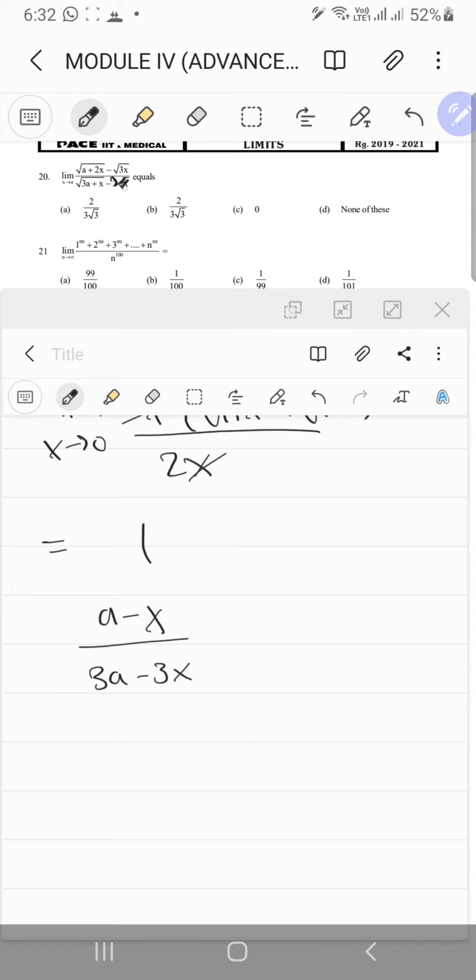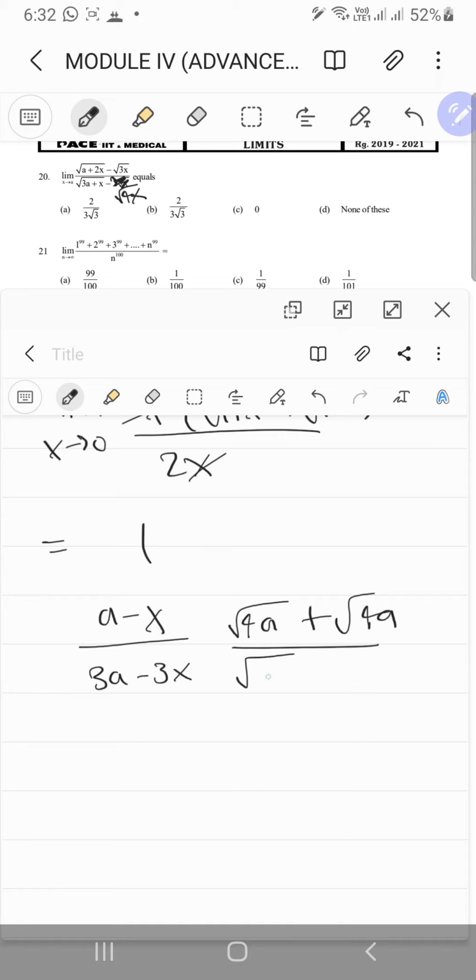So this thing can be written as square root of 4x, and then we are rationalizing, and then just put x equal to a into that. So this should be square root of 4a plus square root of 4a upon square root of 3a plus square root of 3a, right?